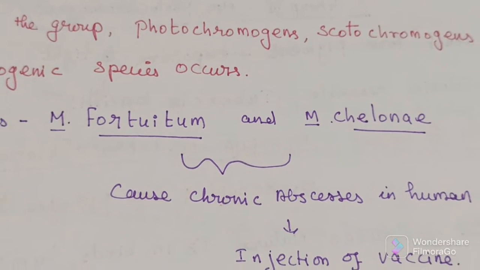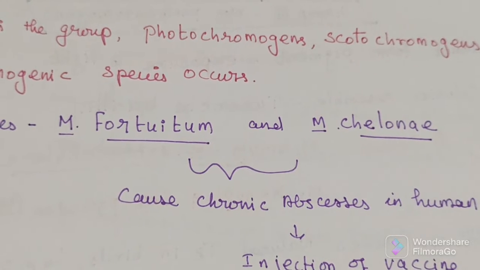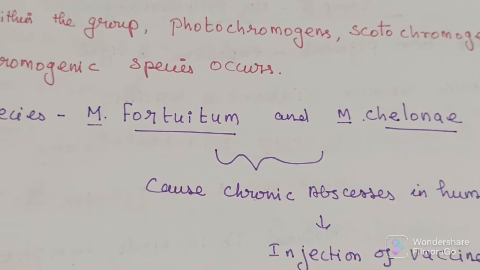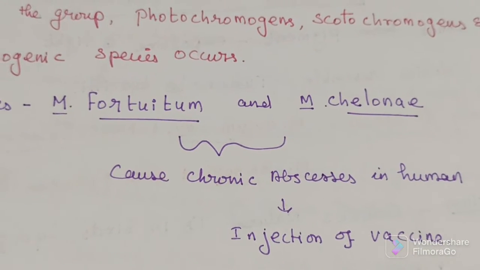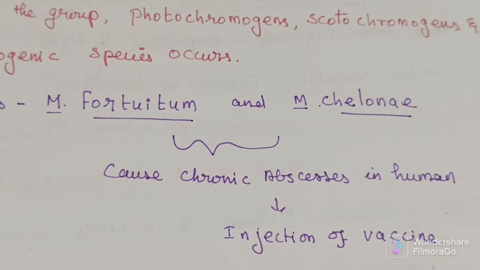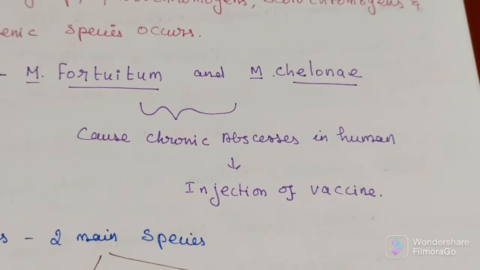Both are medically important species under group 4. These two species cause chronic abscesses in humans following the injection of vaccine.